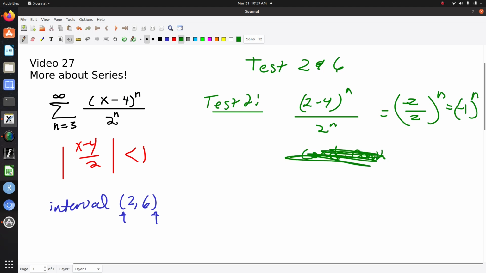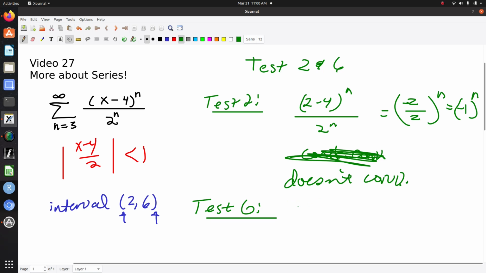So what's happening is you're simply getting plus 1, minus 1, plus 1, minus 1. It is not multiplying by a decreasing piece. This thing isn't actually decreasing in that case. It's just a mess. So it does not converge even conditionally, okay? And then we're going to test 6. And since 2 didn't work, I'm pretty sure 6 is not going to work.